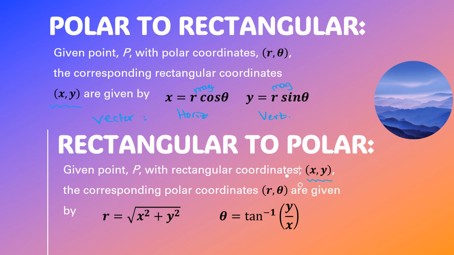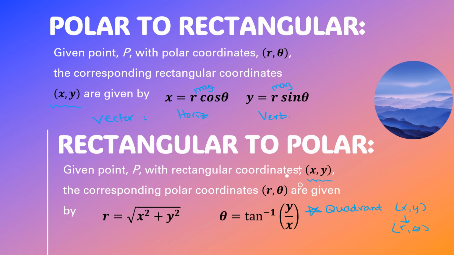The thing I need you to be mindful of, just like we did in the last unit, is to be careful of the quadrant that your original coordinates are in to make sure that you get your r, theta, really the theta part, that angle, correct.